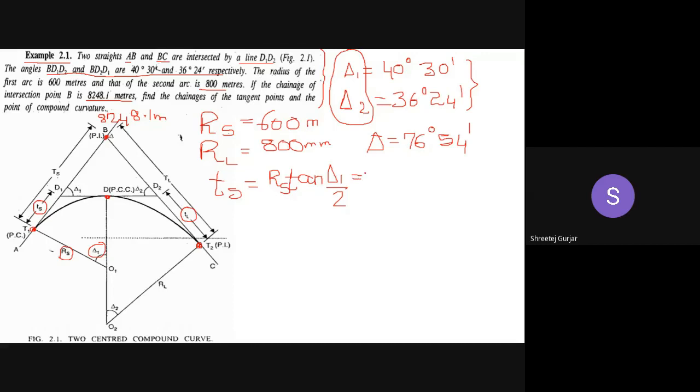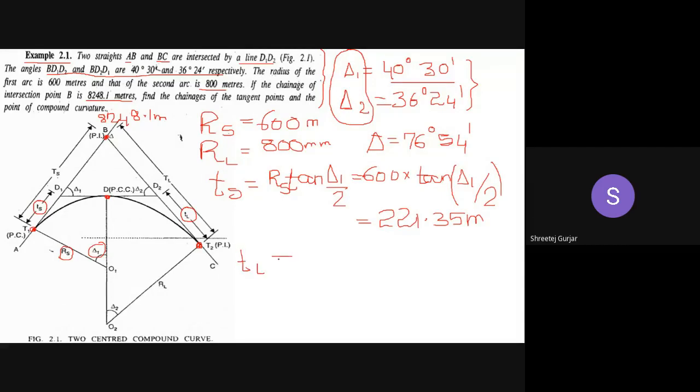So TS is 600 into tan of 40 degrees 30 minutes divided by 2. The value of TS is 221.35 meters.